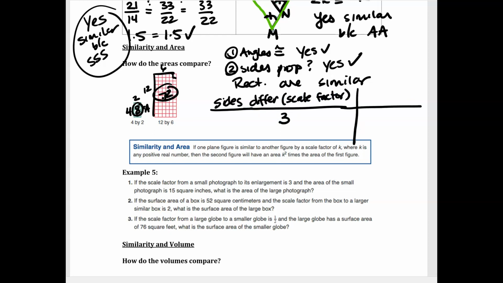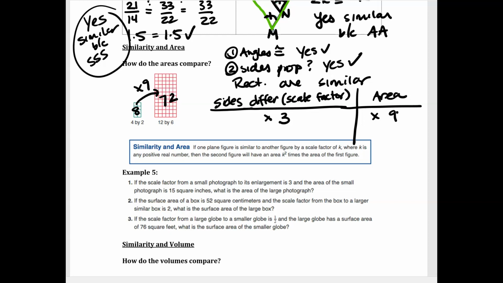So how does 72 compare to 8? So this is 8 and this is 72. Okay, so 8 times 9 is 72. So the sides are times 3. The area differs by 9. So what's the relationship of 3 and 9?